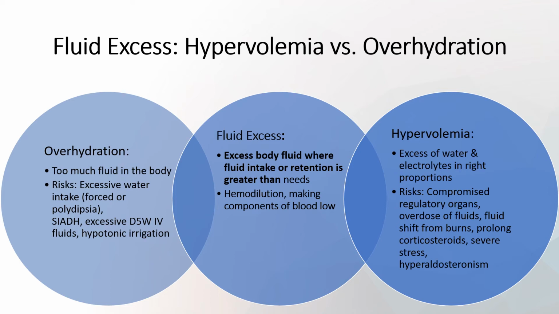Whereas hypervolemia is an excess of water and electrolytes in the right proportions. This can happen with compromised regulatory organs, like the kidneys, overdose of fluids, or fluid shift from burns, just like when we talked about cell death from blood transfusions, where cell death releases bilirubin and causes that jaundice appearance in some of our reactions.